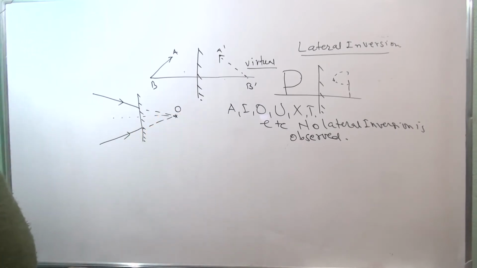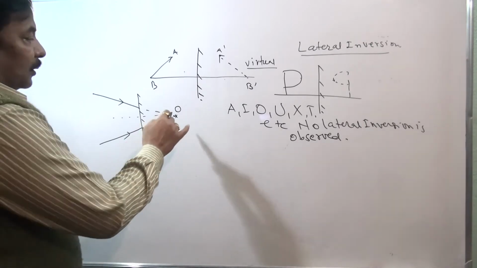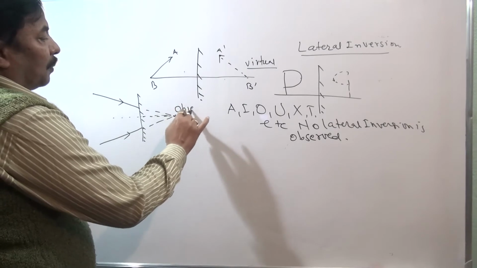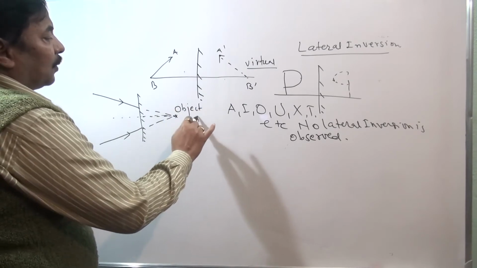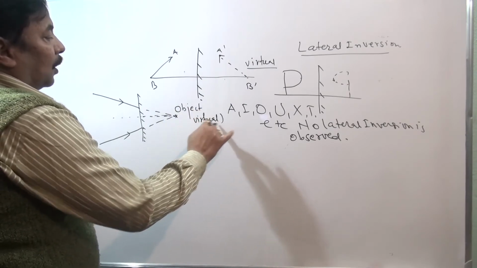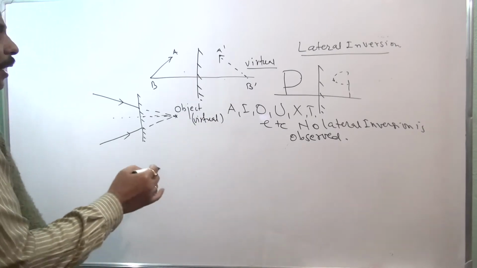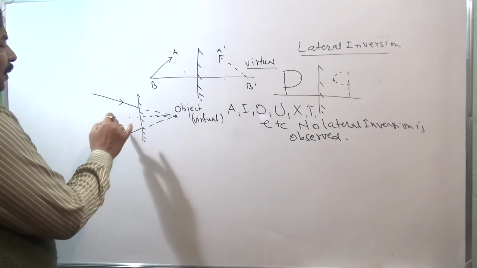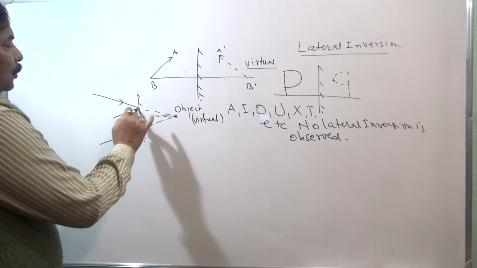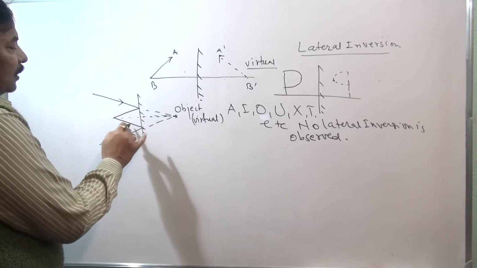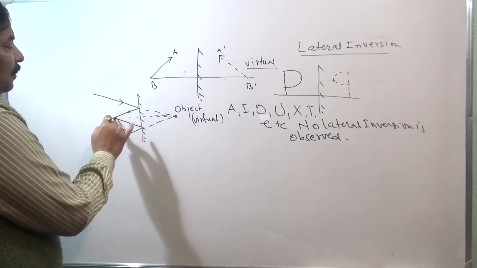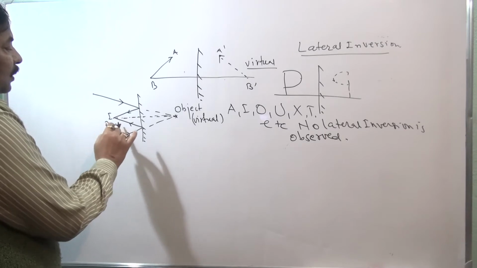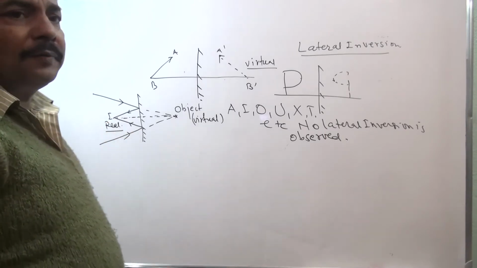So this will behave as an object, but this object is virtual. In this case, following the law of reflection, we will see that the image is formed at equal distance, and you will get that this image is real. So what can we observe?